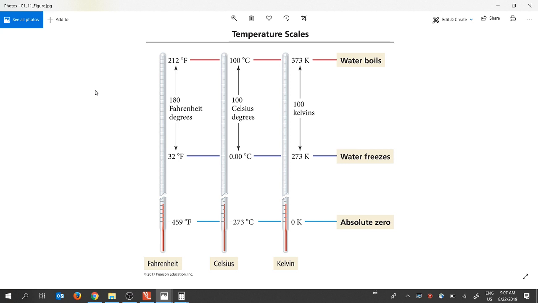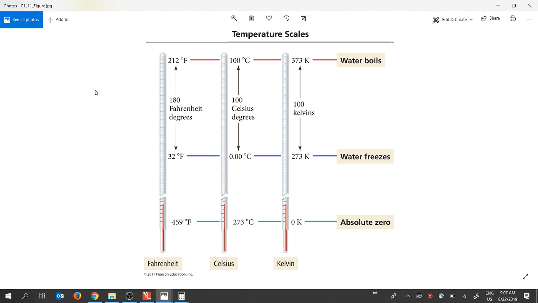But there is a difference. So which one has smaller degrees, Fahrenheit or Celsius? Fahrenheit has smaller degrees. You see that? Because there's more of them in between the same range of temperatures. So the Fahrenheit degrees are smaller. There's also an offset that you see because water is freezing at 0 degrees C, but 32 degrees F.